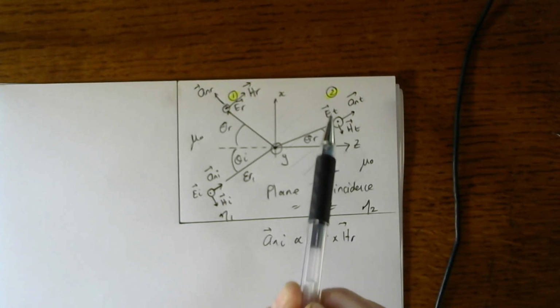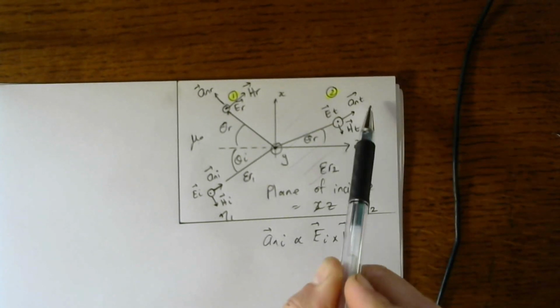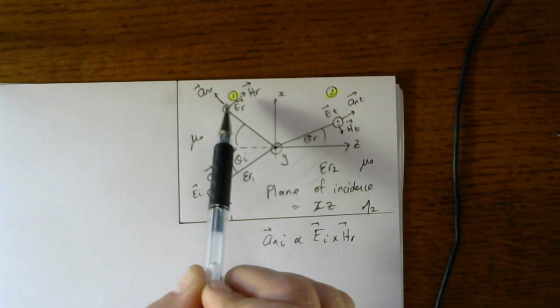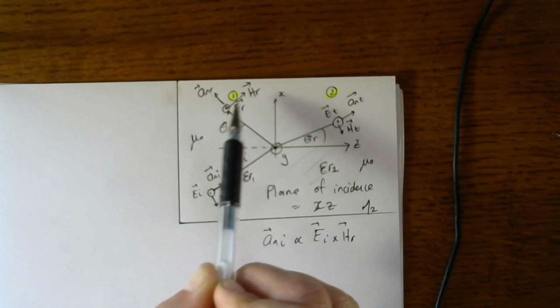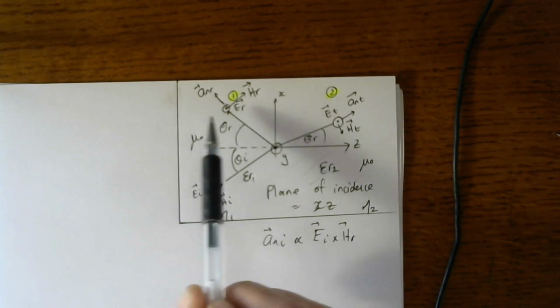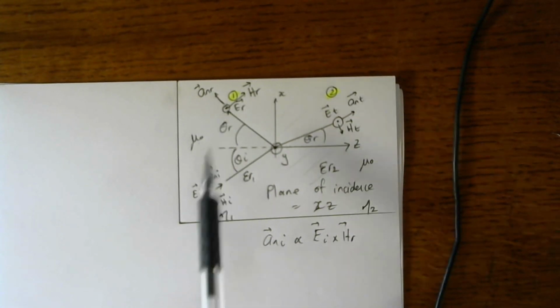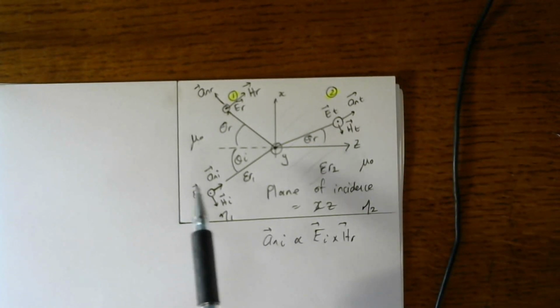E transmitted cross H transmitted should give you the propagation direction of the transmitted field, and because the reflected field is pointing backwards, E cross H goes in that direction over here, and H is pointing up like that. You'll note that EI and ER are in the same direction, and here it's all pointing in the same direction. That's okay, right?